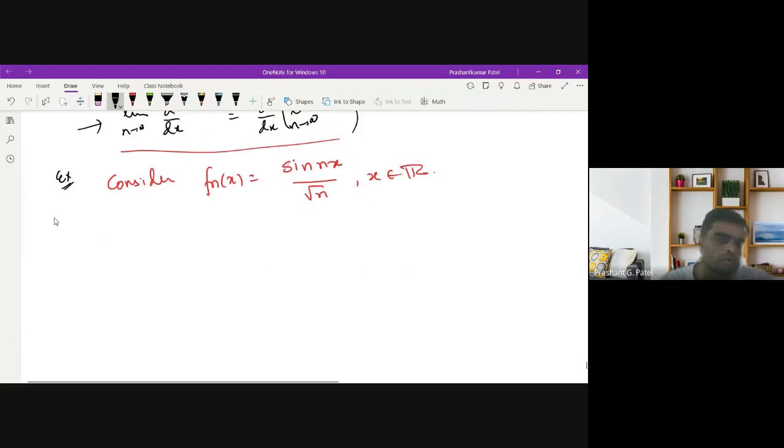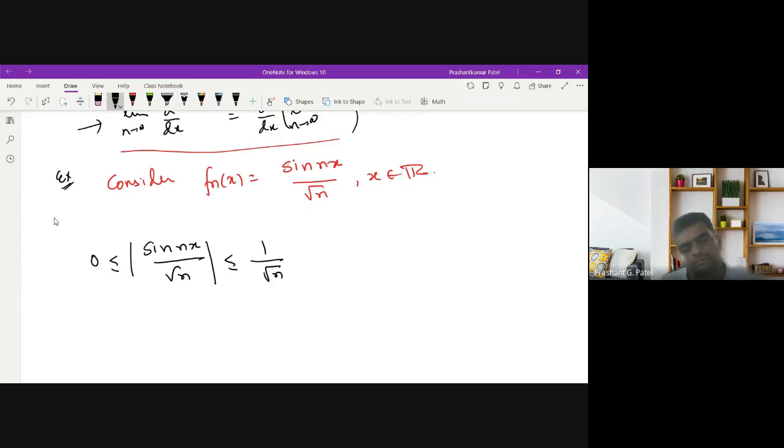If you want to prove pointwise convergence, we just note that mod of sin nx upon root n is always less than or equal to 1 upon root n, because the sine function is always less than or equal to 1. And this is always greater than or equal to 0.